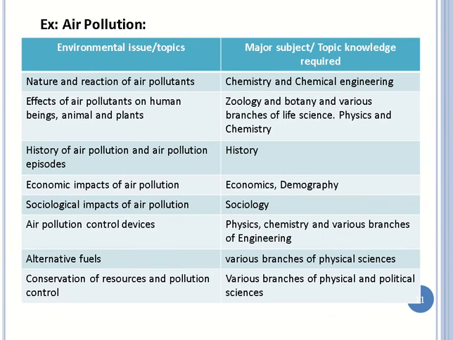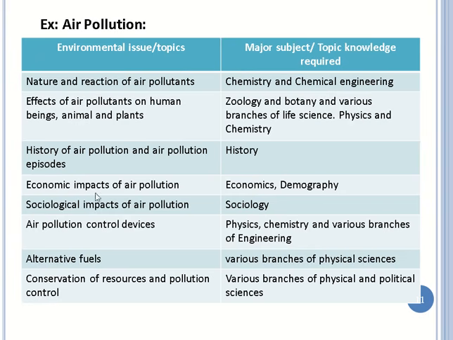Now, for example, I have taken one environmental issue, that is air pollution. Okay, so we'll see. If you want to study the nature and reaction of air pollutants, you require the knowledge of chemistry and chemical engineering. If you want to study the effect of air pollutants on human beings, plants, and animals, we require the knowledge of zoology and botany, and also the knowledge of physics and chemistry.